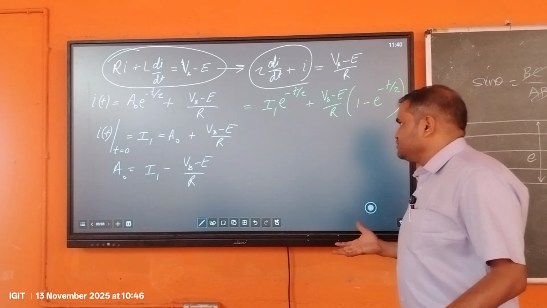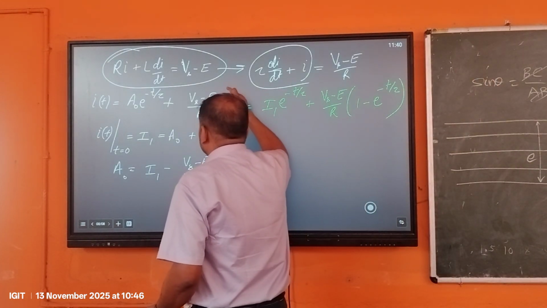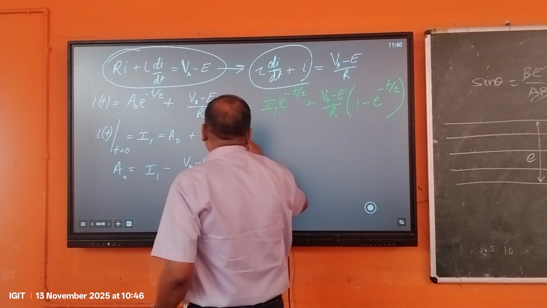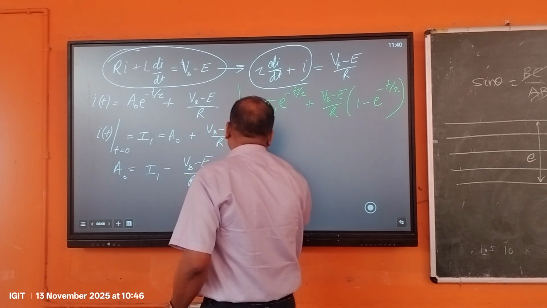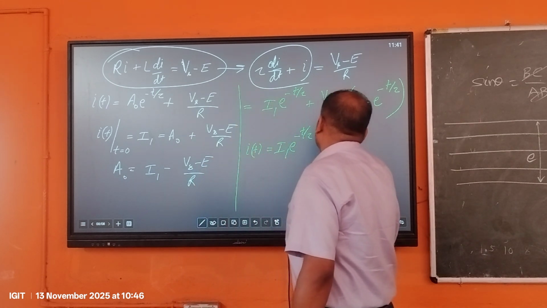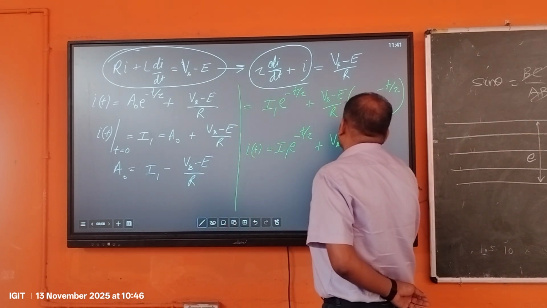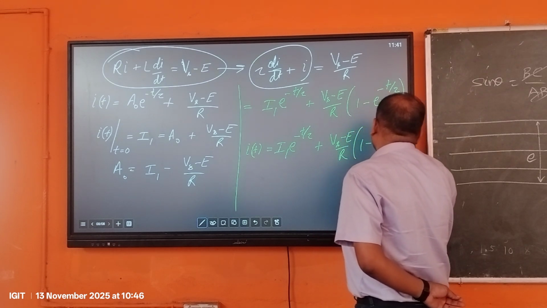Correct? So the final equation is I of t equal to I1 e to the power minus t by tau plus Vs minus E by R times 1 minus e to the power minus t by tau.